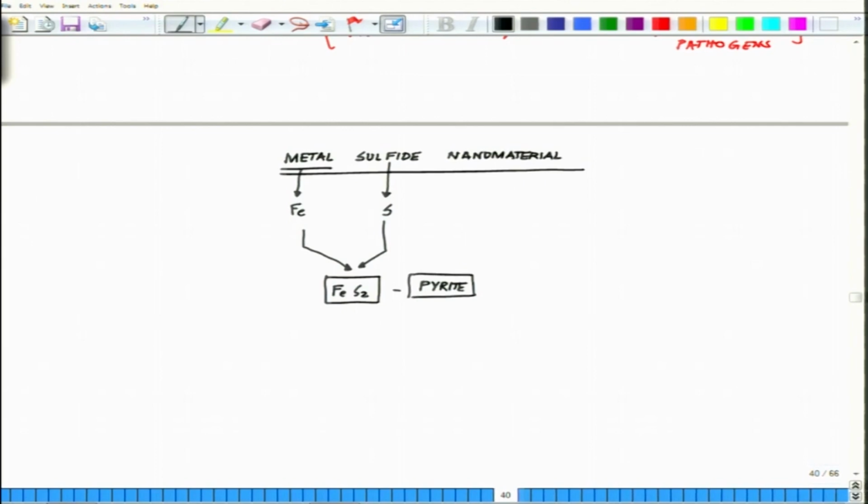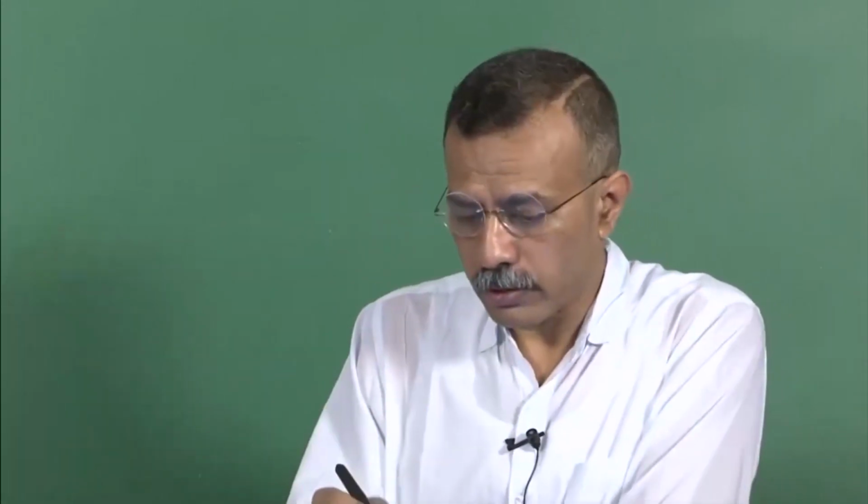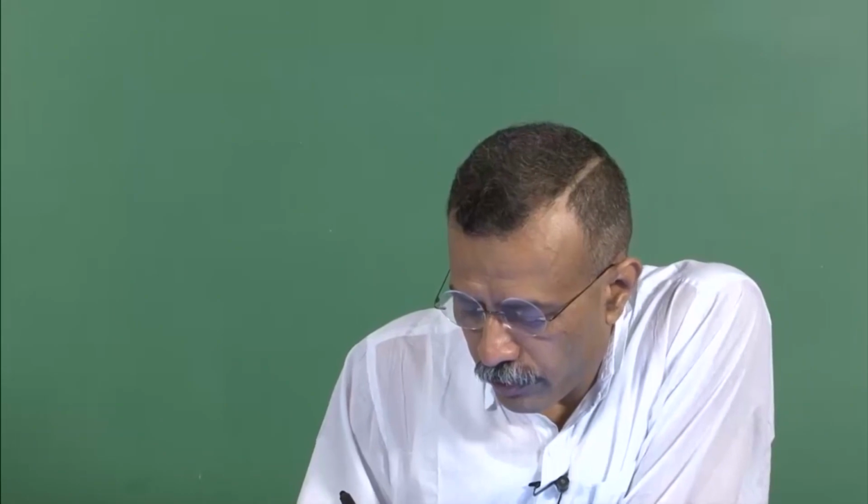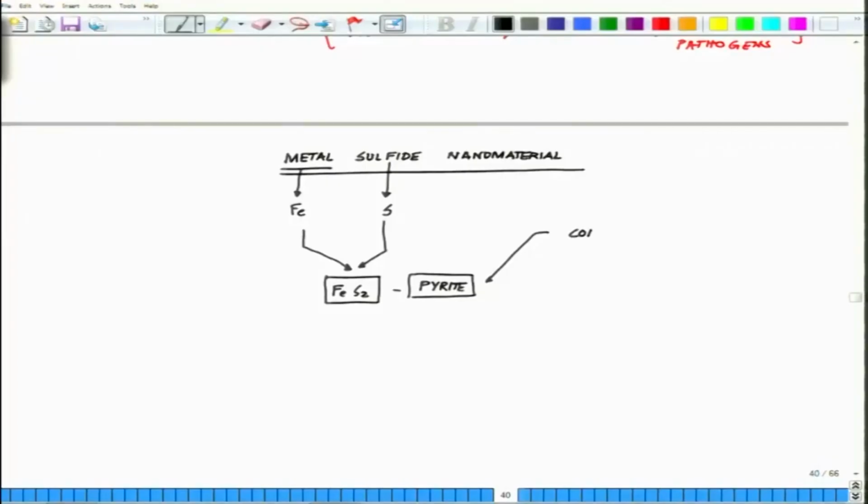There is a huge amount of pyrite all over the earth's crust, especially if you go to places close to the coal mines, or places like the Rio Tinto River Valley in Spain, where you really see a huge amount of it.